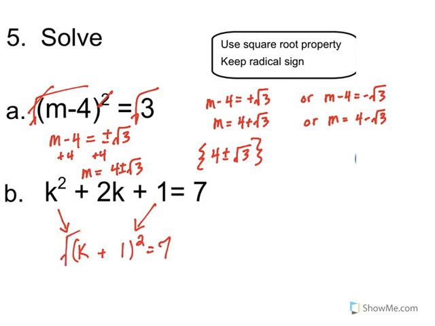For solving using the square root property, that says, hey, square root both sides, the square root and the square will cancel each other out, leaving you with k plus 1 is equal to plus or minus the square root of 7, since we can't take the square root of 7. Subtracting 1 on both sides here is what you're going to need to do to get k by itself. And so what you would end up with is k is equal to negative 1 plus or minus the square root of 7.